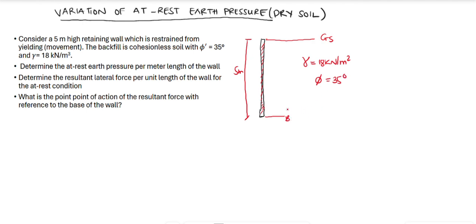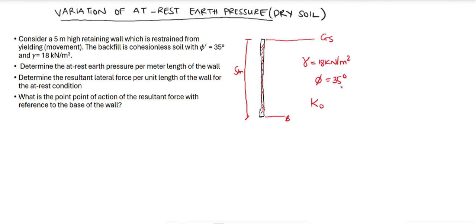Okay. Now we are supposed to determine the at rest earth pressure per meter length of the wall. So in simple terms, we are supposed to find the variation from the top to the base. Do you get it? But the first thing that we need to do is to find our K naught. Now in this question, the only parameter given to us is our angle of friction in the soil.